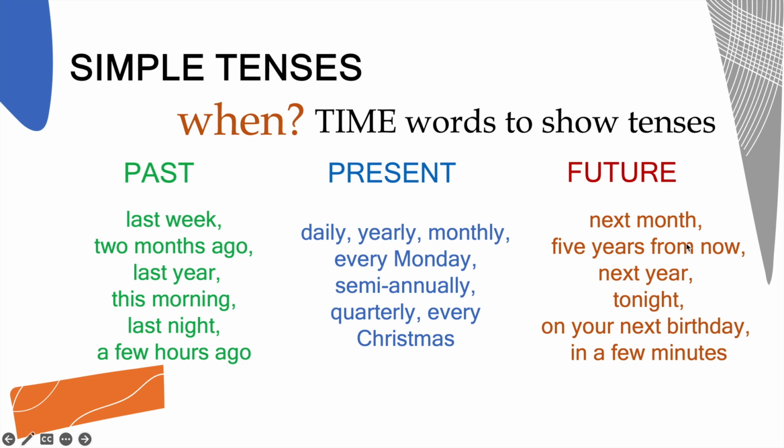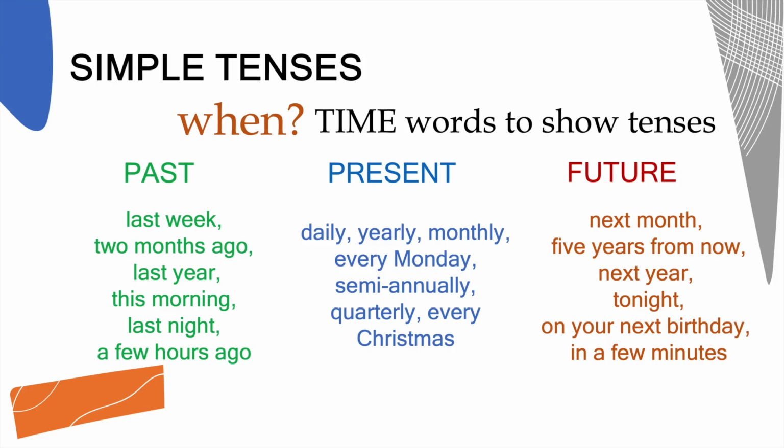Future. To remember, earlier we used tomorrow. Any time expression that means something hasn't been done yet, or falls under the category of tomorrow, usually begins with the word next, or uses from now, or in a few months, in 10 hours.